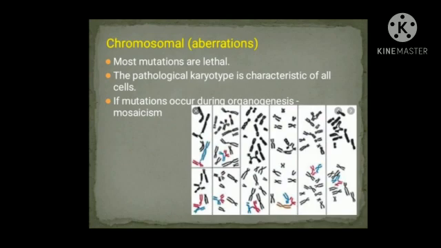Then an example of deletion, the third example of duplication, the fourth example of translocation, and an example of trisomy. All these types of disorders may be interchromosomal.